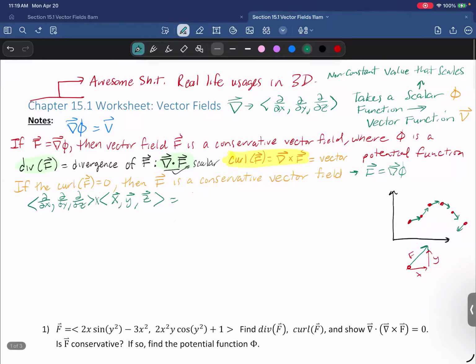The first component has d/dy of the z component minus the d/dz of the y component. And that's just the i part.